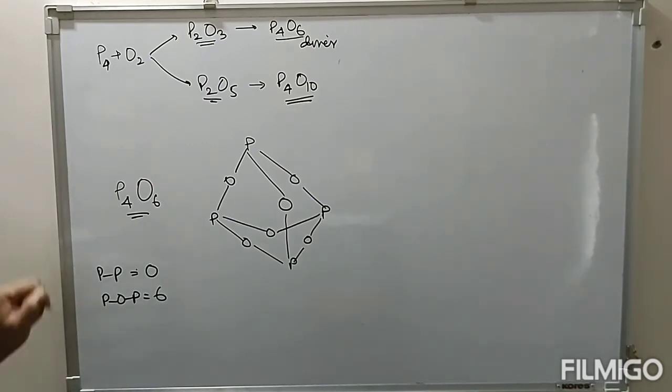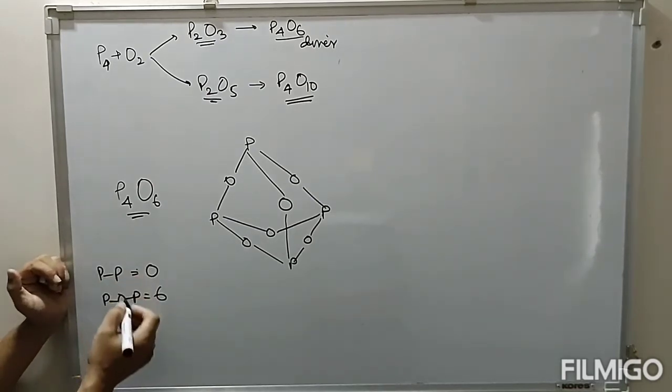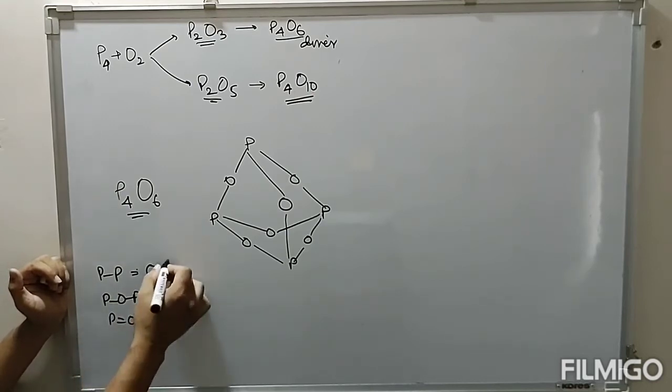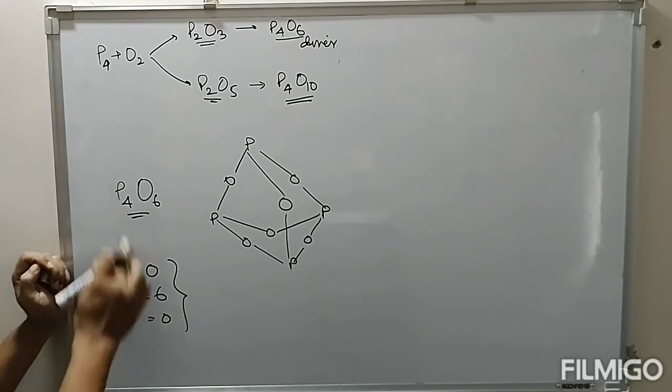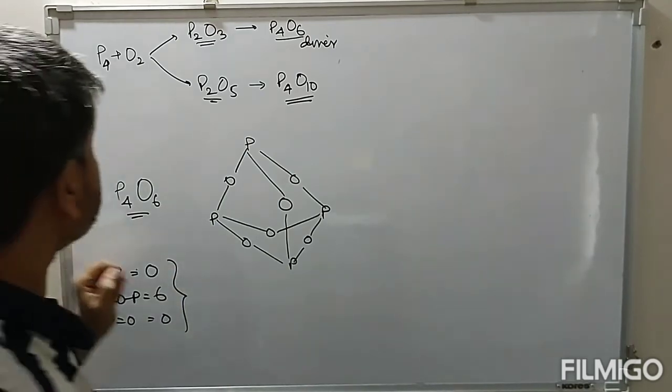So this is known as a bridging bond. There is no P=O double bond. This is the characteristic of P4O6.